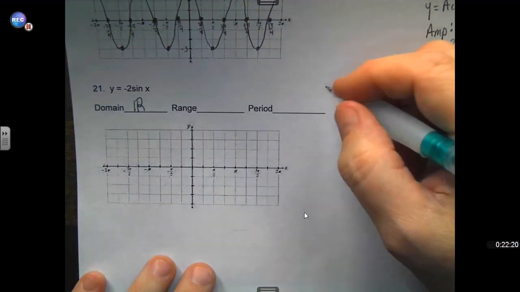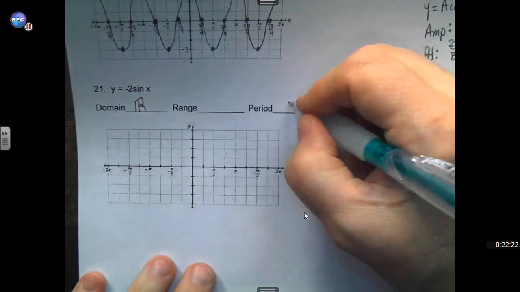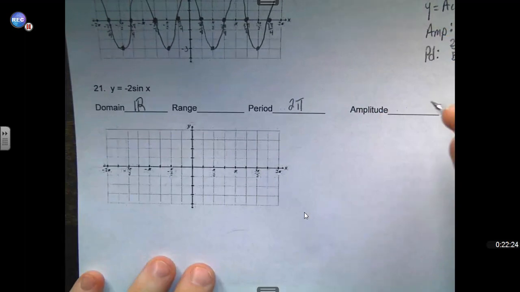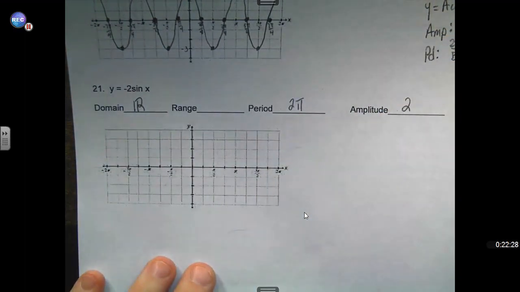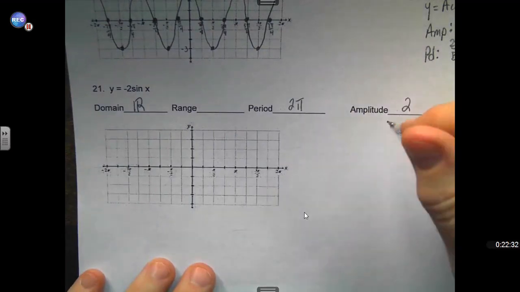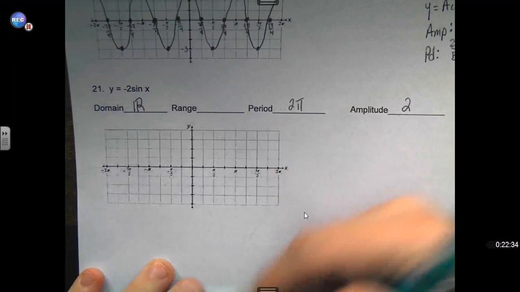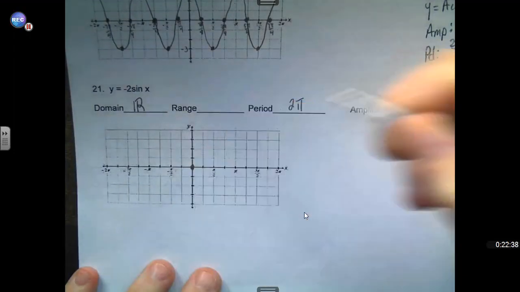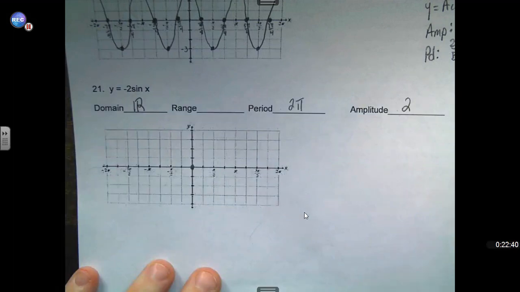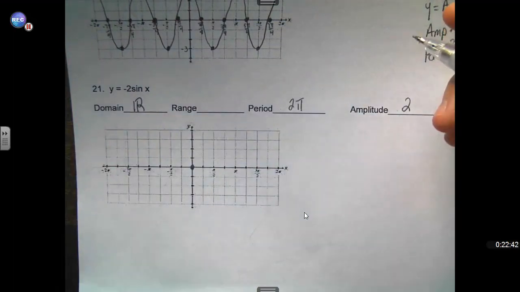The period would be 2 pi over 1, it'll be 2 pi. And the amplitude is going to be 2. Amplitude is positive, it's a distance. What that negative does, I will show you right now. The sine graph starts at the origin, okay? And I should just count by pi over 2. This is just a regular graph. I haven't changed the period.